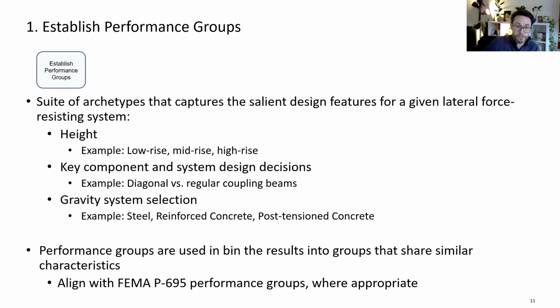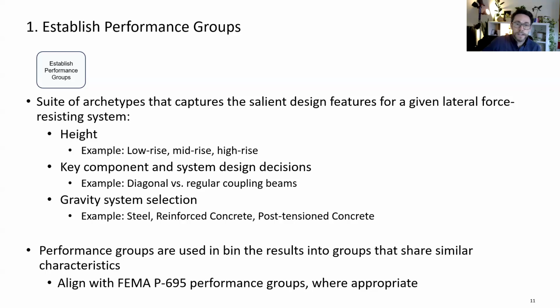Another example would be, as we'll see later, thinking about brace configurations in a steel concentrically braced frame or a buckling restraint brace frame. Another key point to consider is also the range of gravity systems that are typically used with different seismic force resisting systems, because damage to the gravity system could also trigger safety critical structural damage.